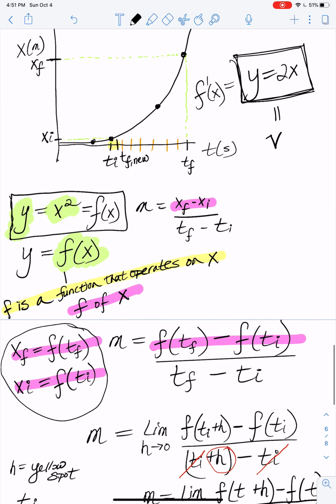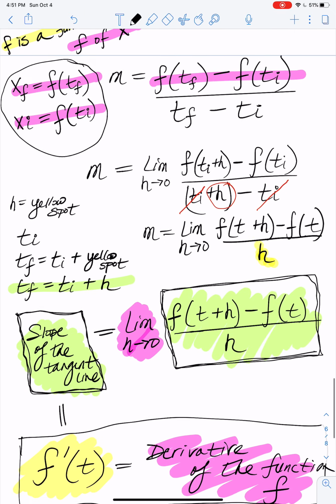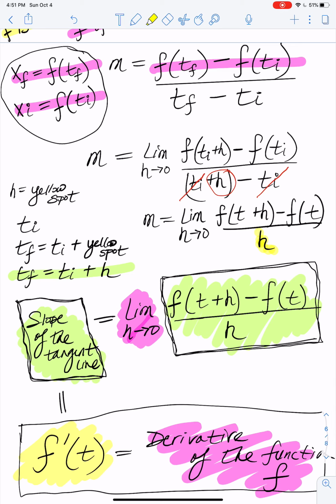So we have to use pre-calc, which has this amazing idea of getting really close to a number, but not reaching it. And that's this idea that you can add a tiny, tiny time amount to your initial time. And we called that h, and we had h approach 0, and we called it a limit.